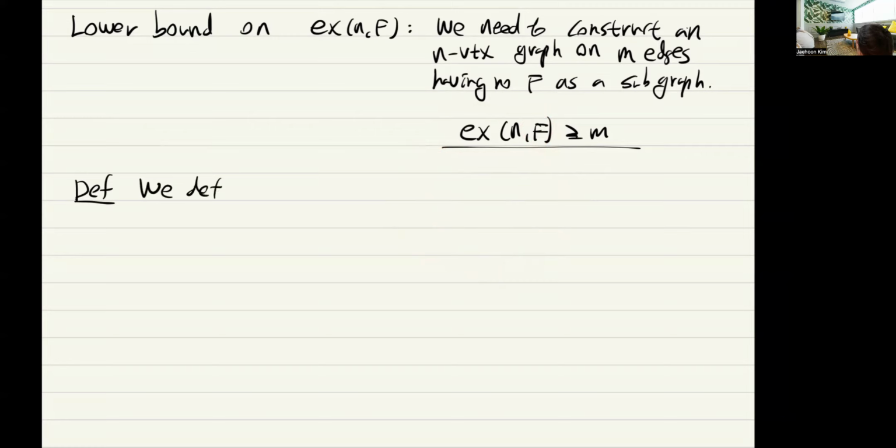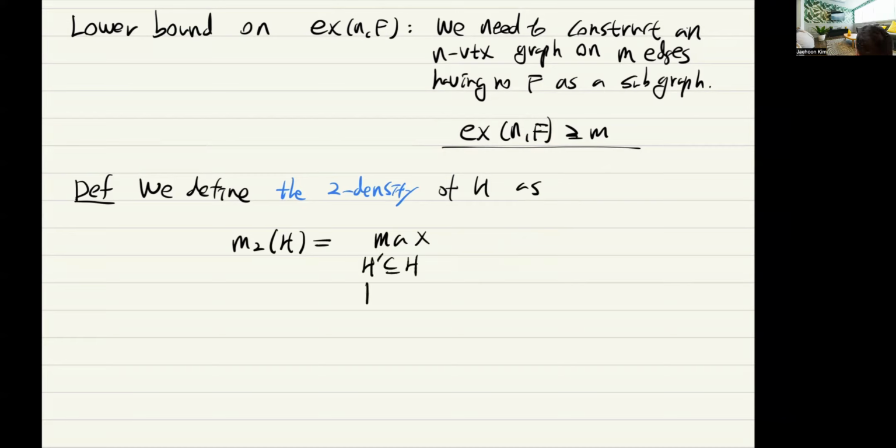So let's define the 2-density of H as follows. m_2 of H: you consider a subgraph H prime of H with at least 3 vertices, and then what you compute is the number of edges in this H prime minus 1, divided by the number of vertices in H prime minus 2.